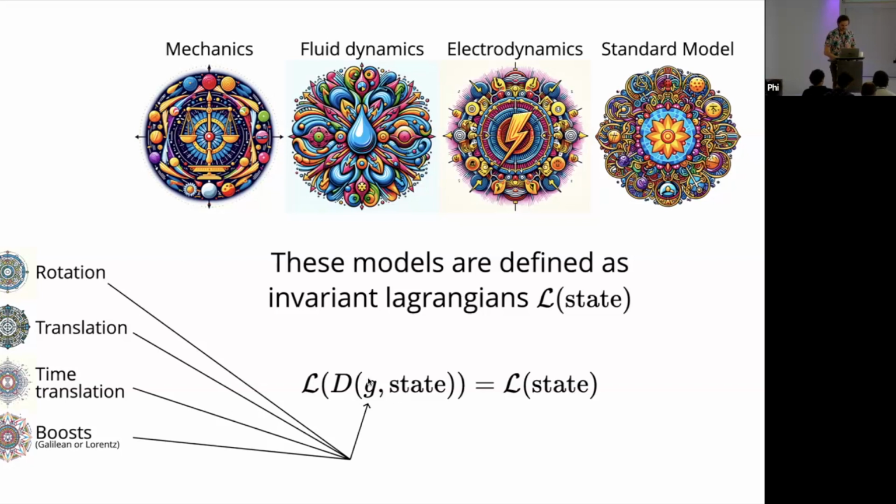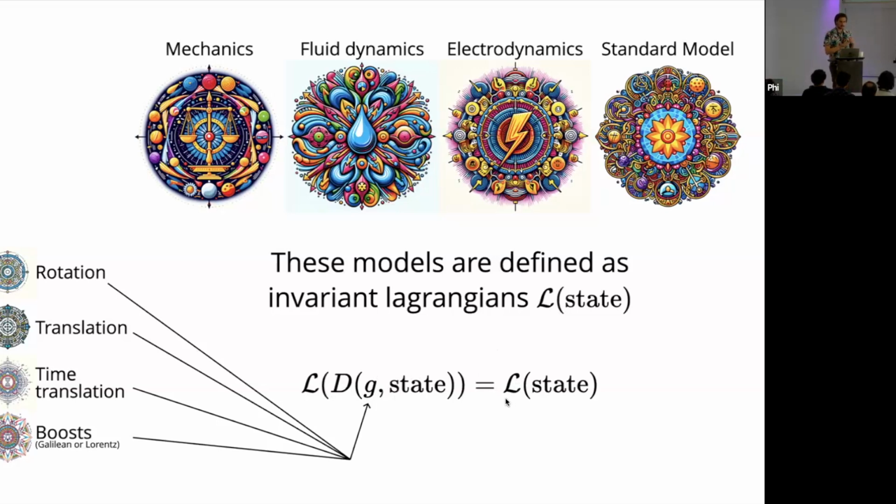It means that if you apply D of G to your physical state, and then you compute the Lagrangian of that new state, you get the same value as if you just compute the Lagrangian of your state. And from this Lagrangian, we can derive all the physical quantities by taking derivatives of it.